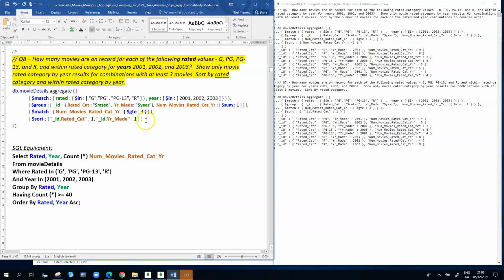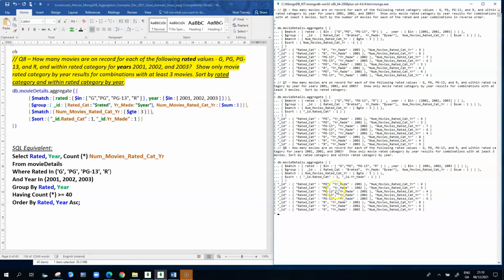That's one of the reasons why naming the fields in the group stage carefully and clearly will serve you well in subsequent stages. We just need to execute the query now to prove that the sorting is different to the previous example. In the previous example, as you saw, it sorted by the rated category, but not within that by year.